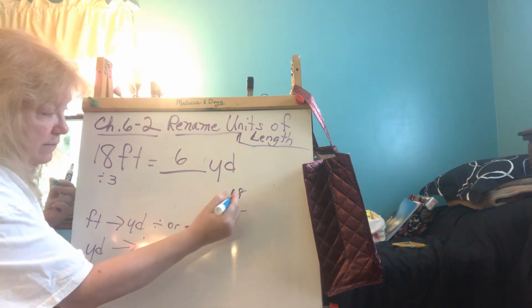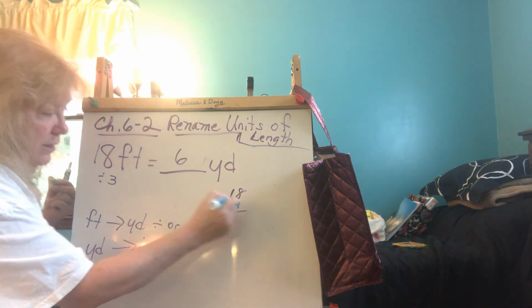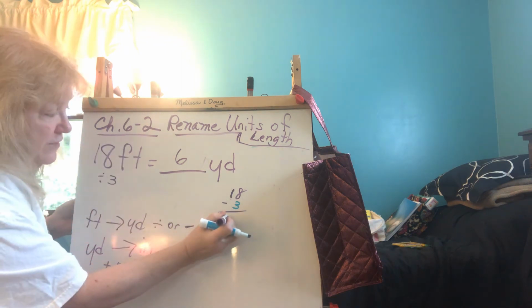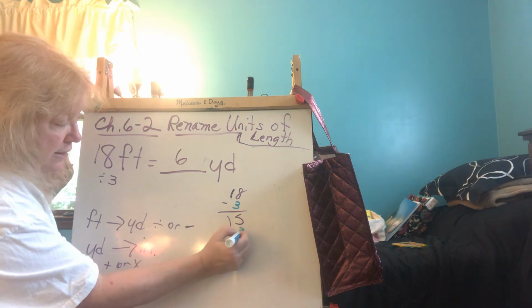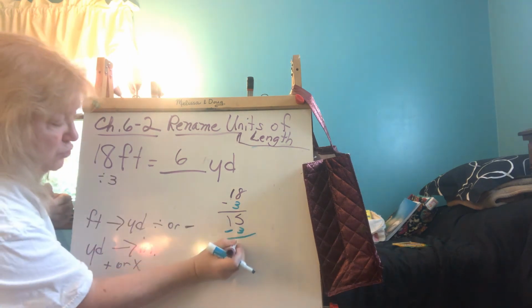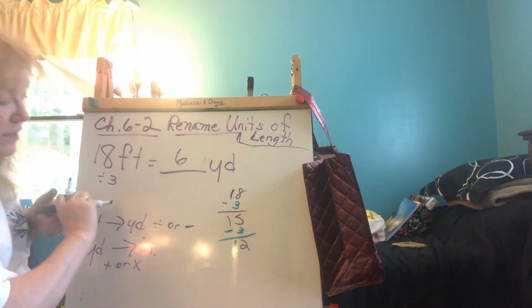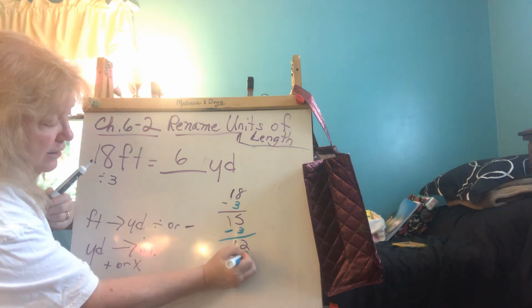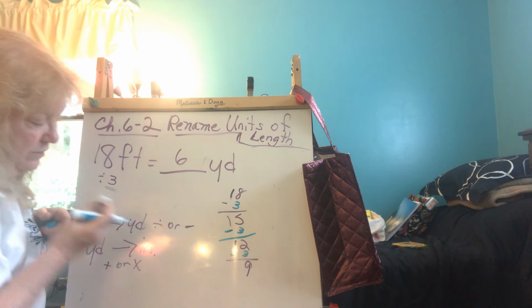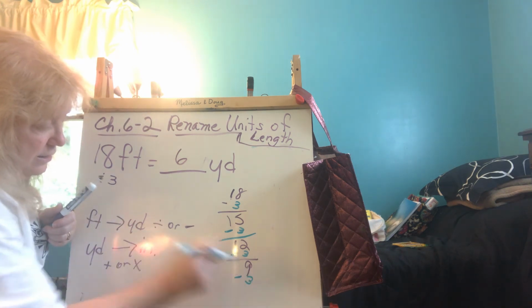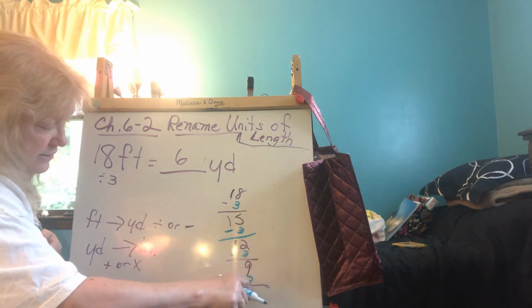18 minus 3 equals 15. And we take away 3 again, and we get 12. And we take away 3 again, and we get 9. And we take away 3 again, and we get 6.